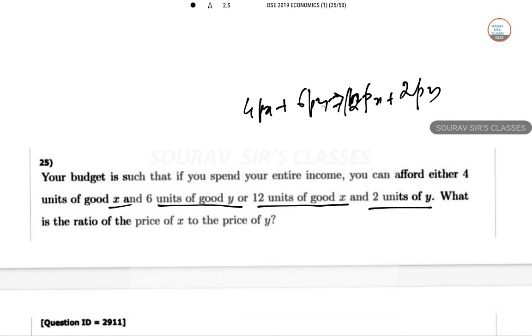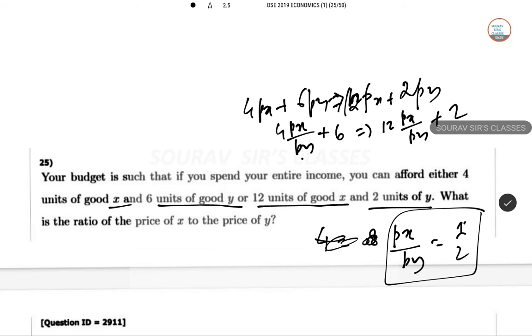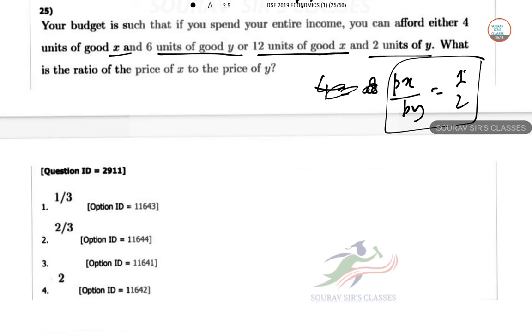Dividing both sides by PY, the 4 goes to the other side: 4 equals 8 PX by PY. So PX by PY will be half. Here the option is missing, so this is the answer. 25 is done.